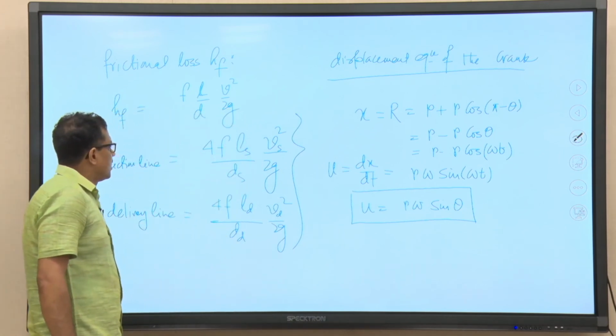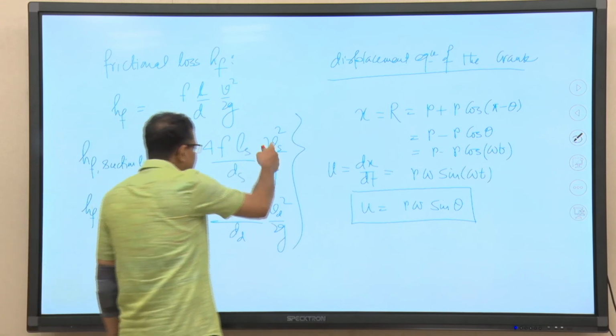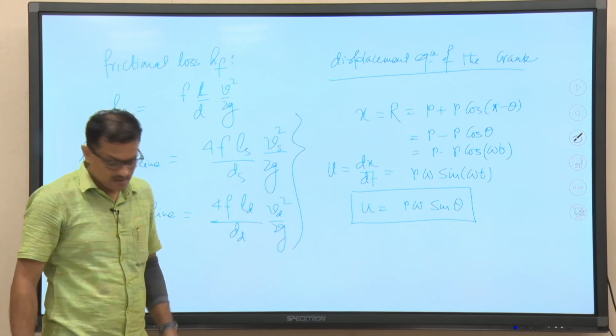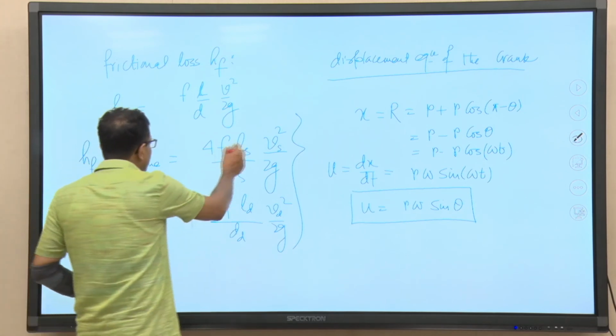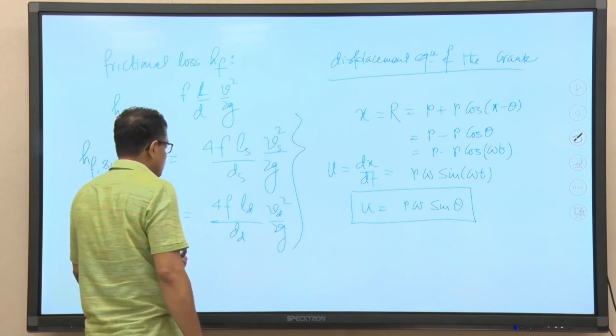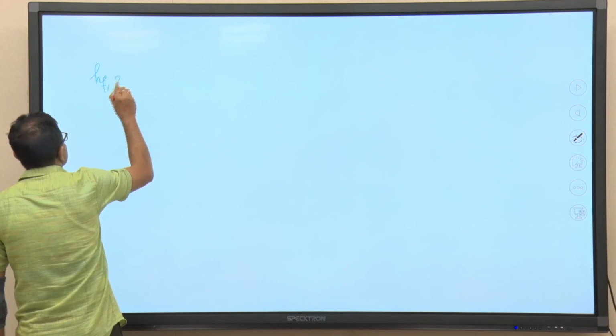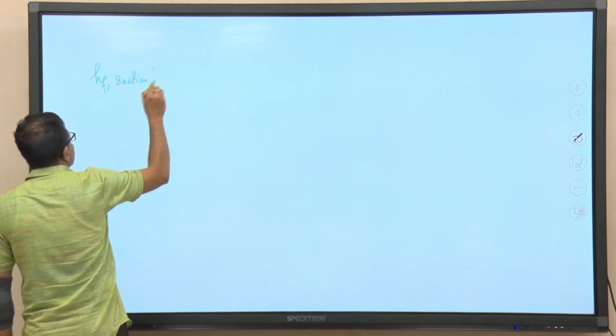Now, what we need to do is relate Vs and Vd, that is the piston speed. You can see 4f L_s by d, v square by 2g. If we go to the next slide, the head loss due to friction Hf, in suction or delivery, will be equal to 4f L_s,d by d_s,d into V_s,d square by 2g, right.